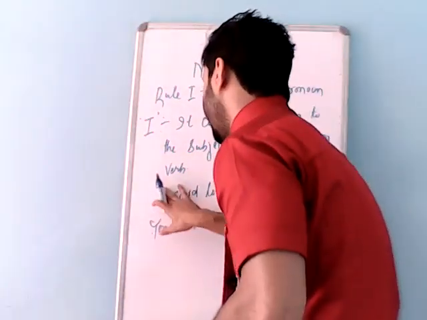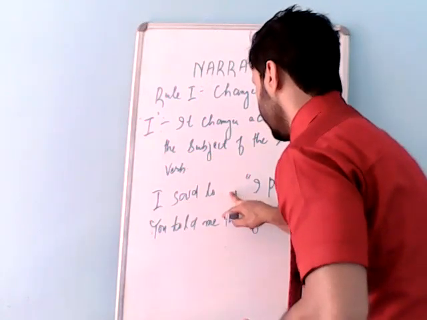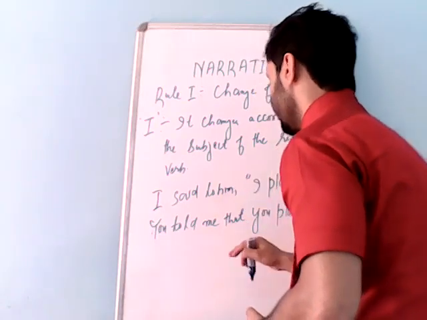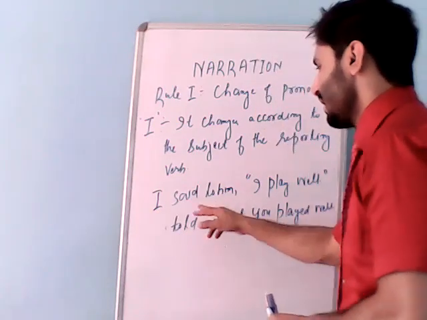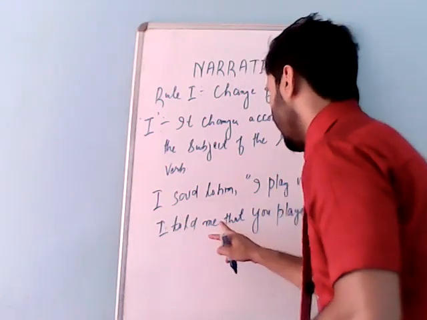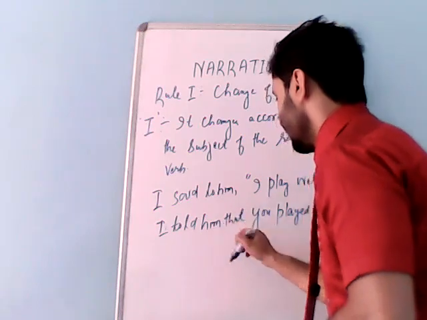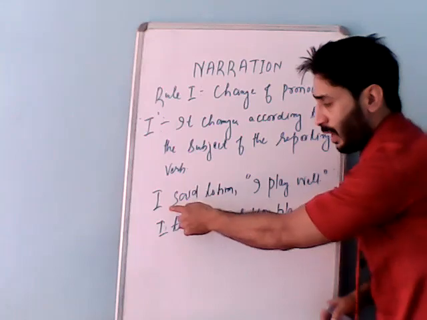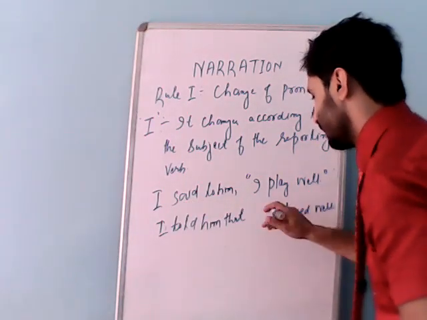It will change to I. So when I change the sentence from direct to indirect speech, it is: I told him that. Now I have the pronoun I here. Now the subject in the reporting verb is I, so it will remain as I.